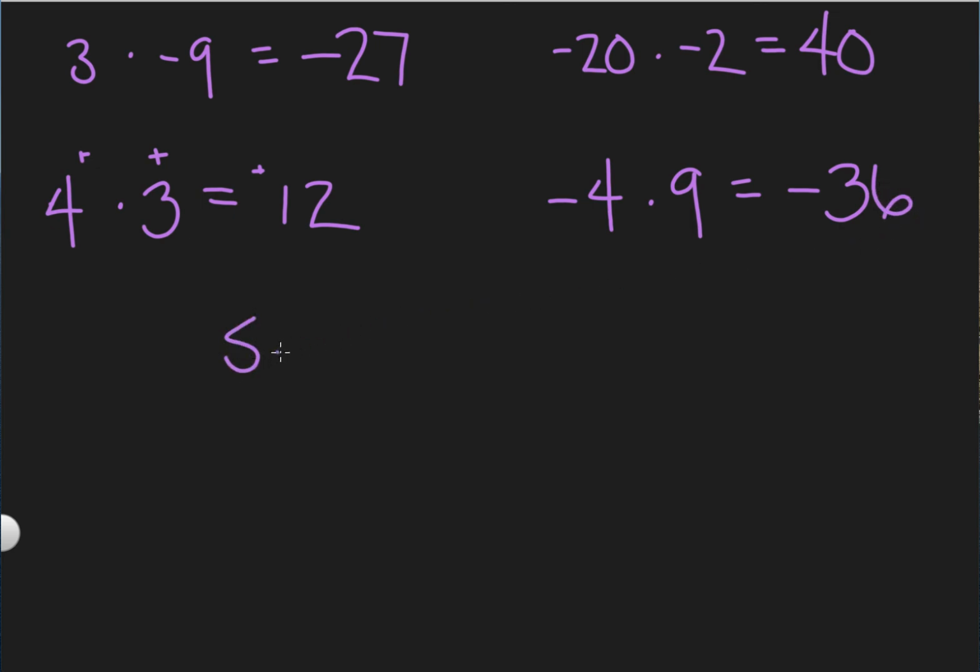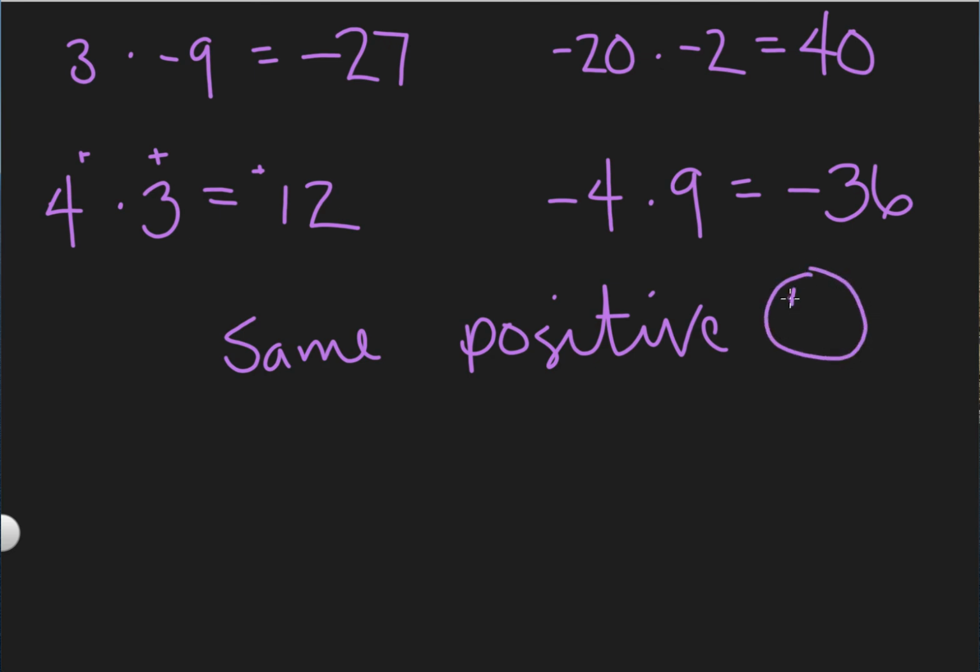So same makes it positive. That'll give us the two faces, a plus and a plus. Give me a plus for a nose, or a negative and a negative. Also give me a plus sign for a nose.